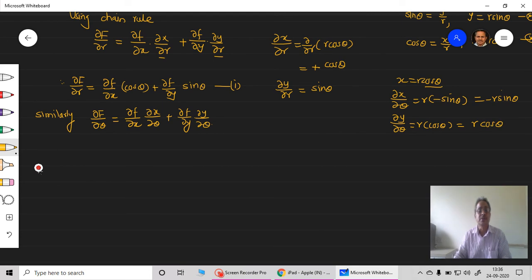So using ∂x/∂theta and ∂y/∂theta, I can get another equation, equation 2: ∂F/∂theta is equal to ∂F/∂x times minus r times sin theta plus ∂F/∂y times r times cos theta.